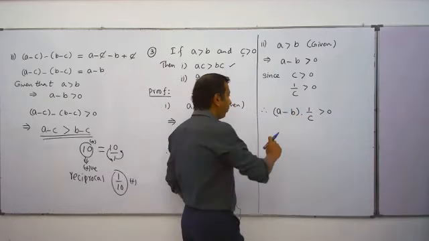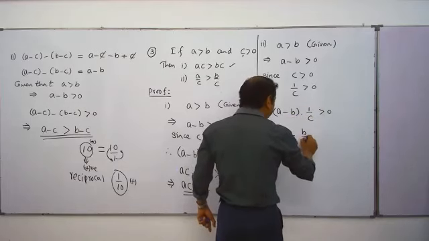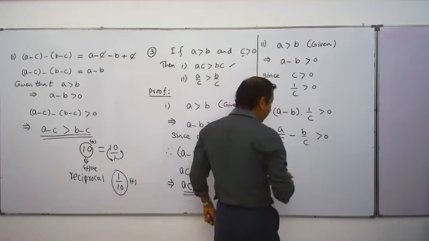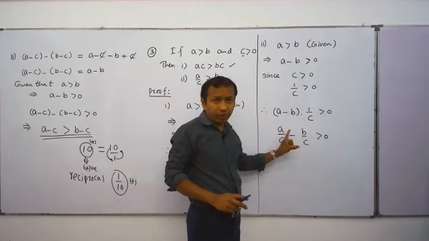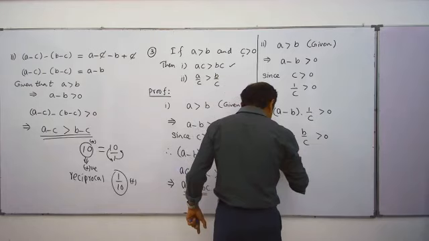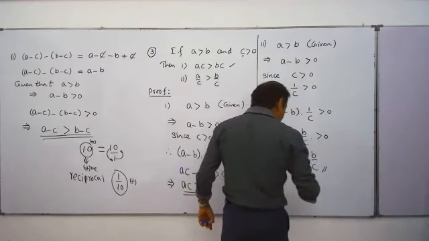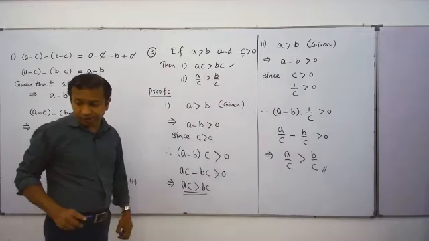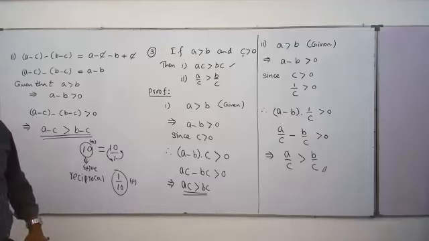Now you can multiply this: A into 1 is A by C, minus B into 1 by C. This difference becomes positive, which means this A by C should be greater than this B by C. This implies A by C greater than B by C. This is how we do the second result.